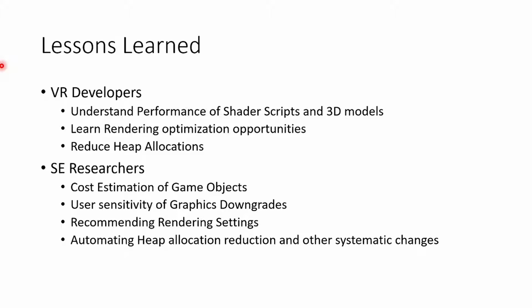Also, we believe that there should be some tools to recommend rendering settings and configurations to enhance rendering optimization, and also some automatic heap allocation reduction tools, or some automatic tools to perform systematic changes.